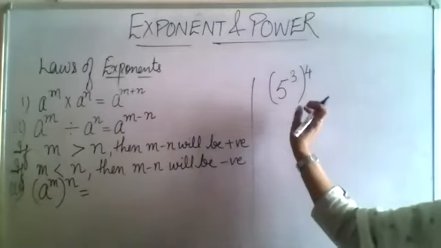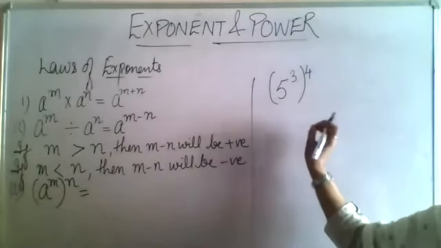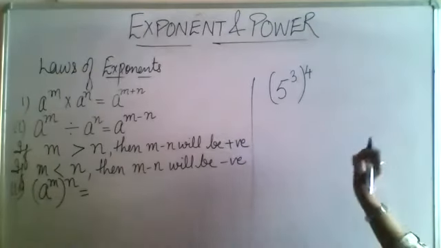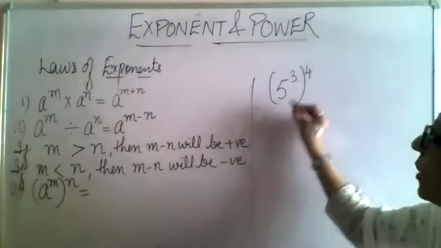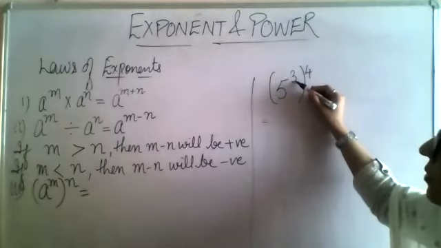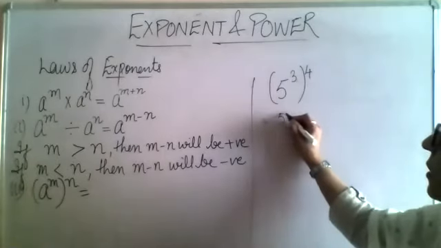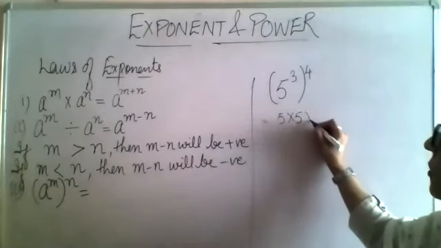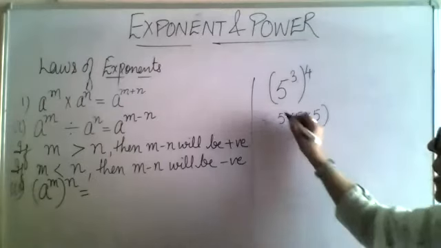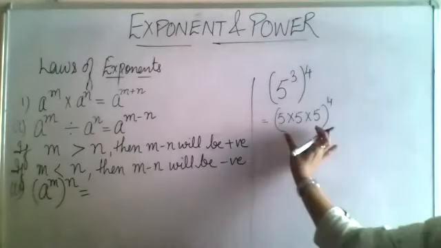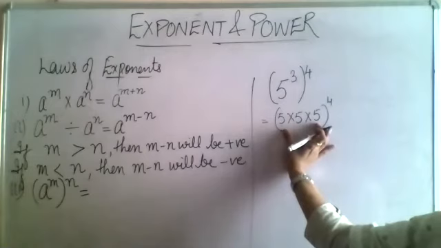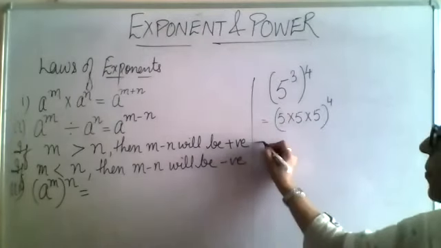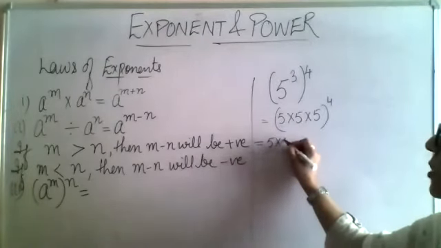If I say just solve it and write in exponential form, what will you do? Okay, 5 has power 3, it means I will multiply 5 three times. Then outside is 4, it means I will write this 5 into 5 into 5 four times. 5 into 5.